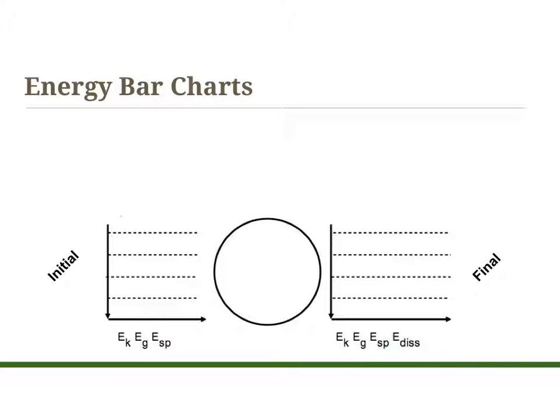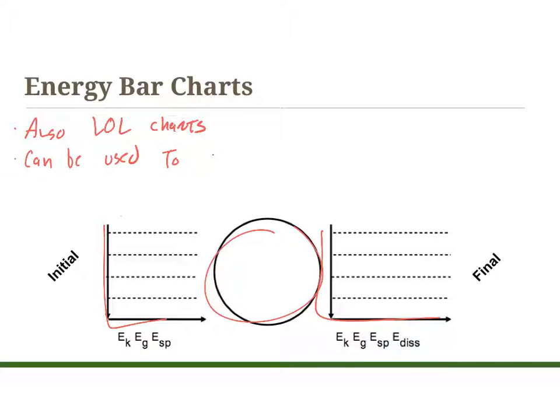are also called LOL charts, in large part because it looks like an L, an O, and an L. But they can be used to illustrate a conversion of energy form within a system.